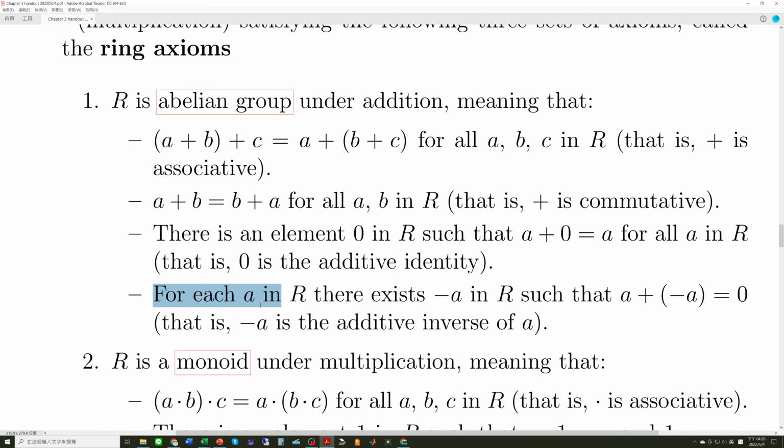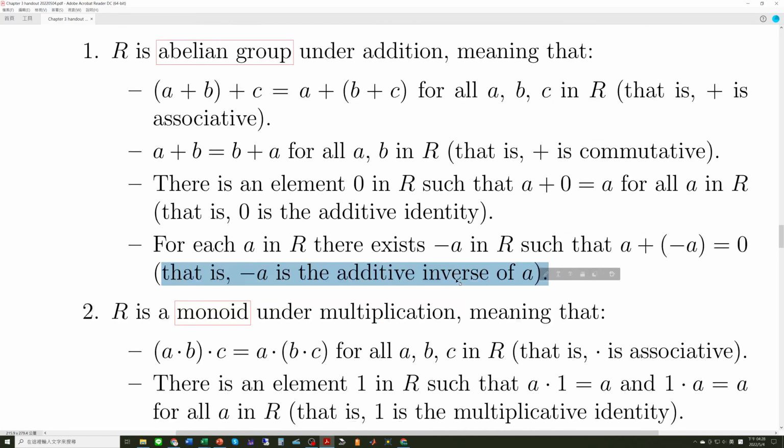Fourth, for each A in R, there exists negative A in R such that A plus negative A is equal to 0. That is, negative A is the additive inverse of A.